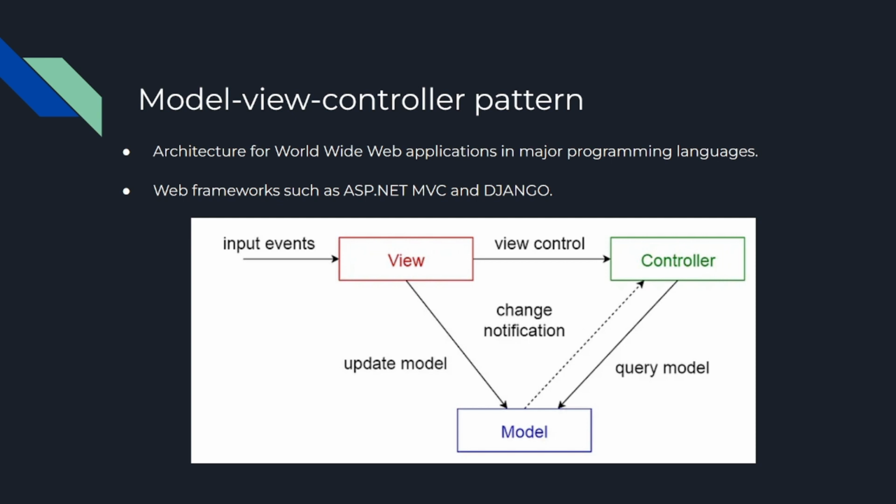This is done to separate internal representations of information from the ways information is presented to and accepted from the user. It decouples components and allows efficient code reuse. So usages are architecture for world wide web applications in major programming languages, and web frameworks such as Django and ASP.NET MVC.